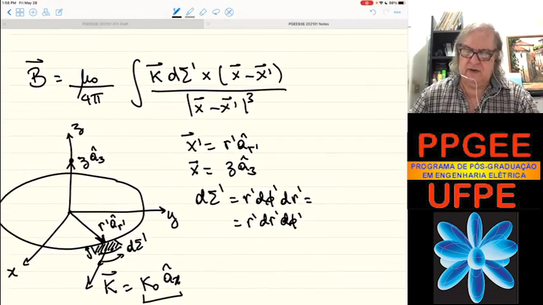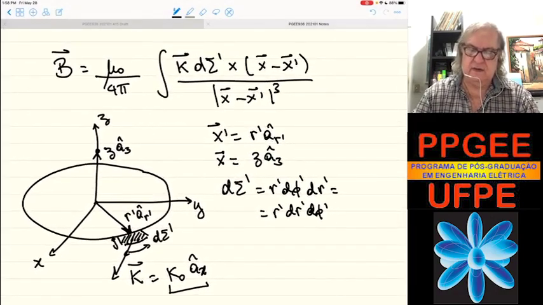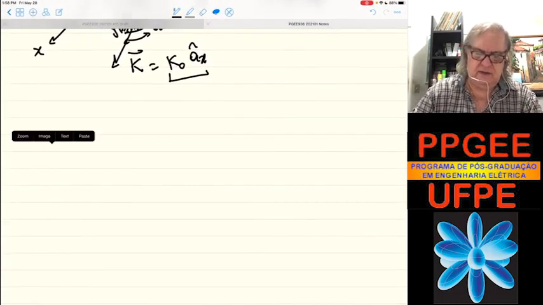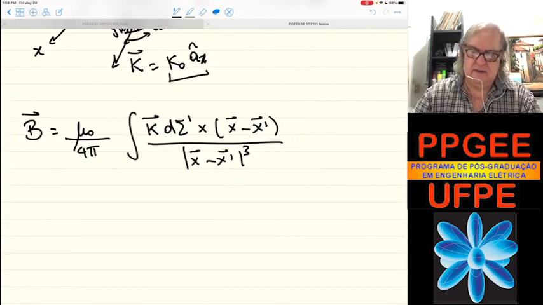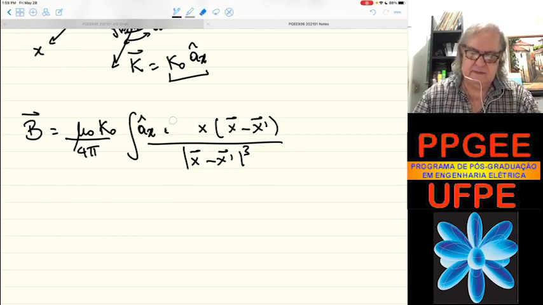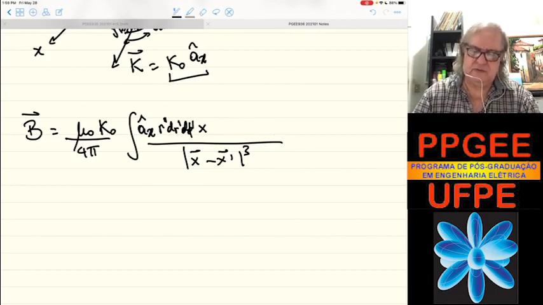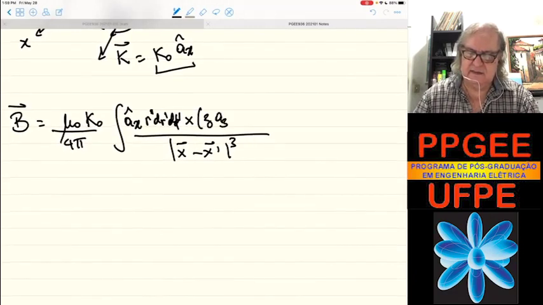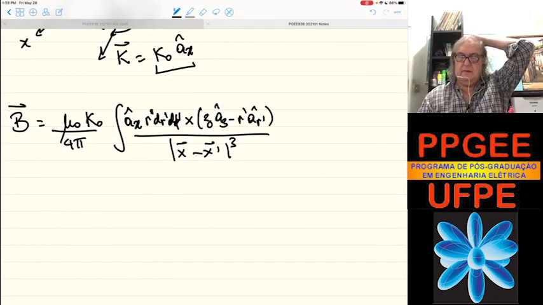So when we plug that in, K0 is out, a_x. The surface element sigma prime equals r prime dr prime dphi prime. And x minus x prime equals z a_z minus r prime a_r prime.